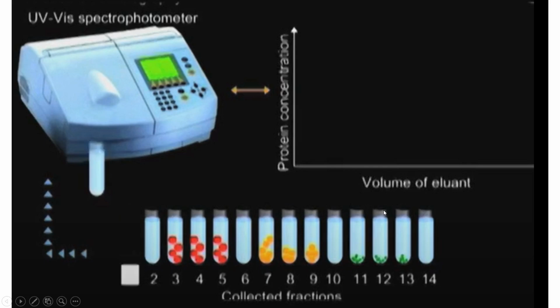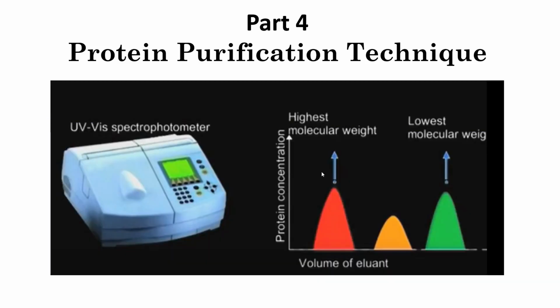Then you can detect it at 280 nanometers and check whether your protein has come out at that specific location, or else you can use certain protein estimation techniques like Bradford or Folin-Lowry to quantify your protein, to check whether in the fractions you have collected your protein is present or not.